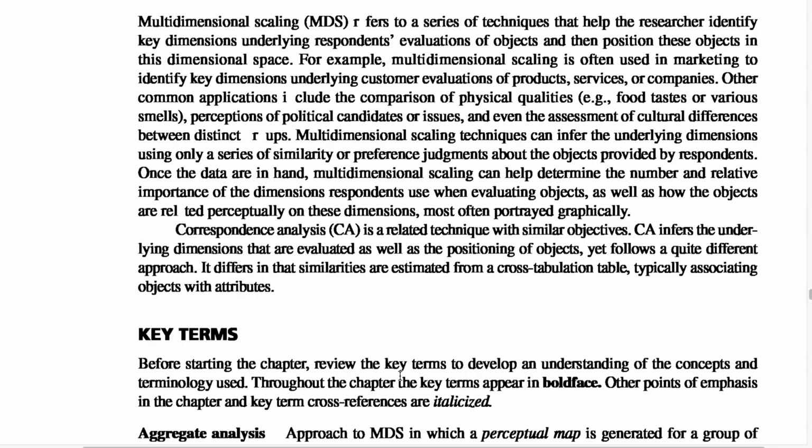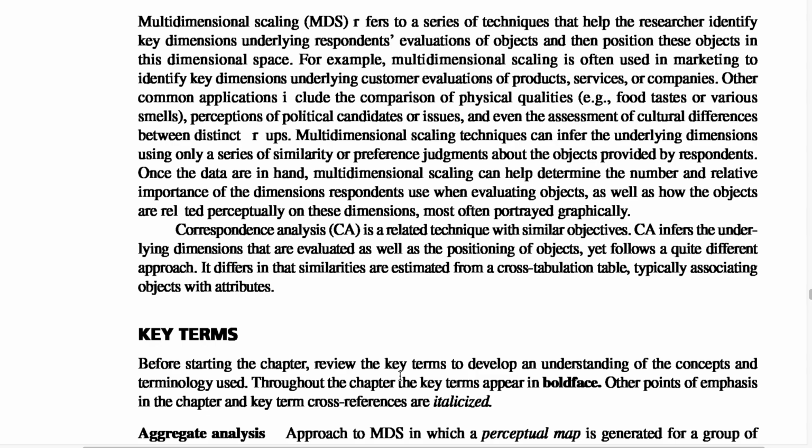Other common applications include the comparison of physical qualities, for example food tastes or various smells, perceptions of political candidates or issues, and even the assessment of cultural differences between distinct groups.